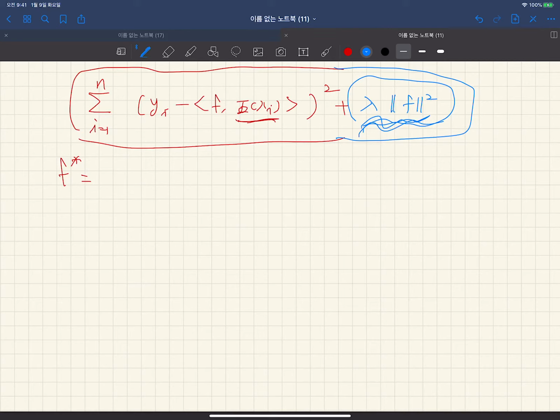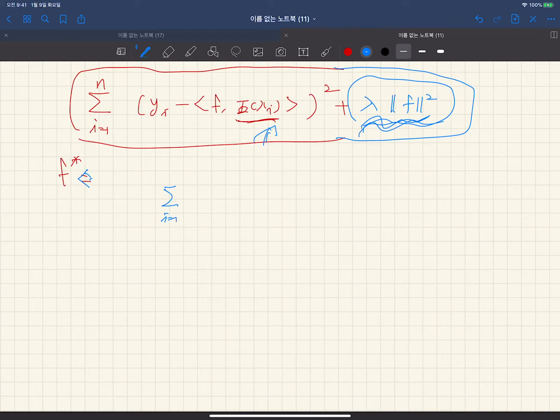Anyway, using this, how can we compute f star? Because this is a convex optimization problem, we just need to find the f star that has zero gradient value. So f star is the point where we have zero gradient, and what is the gradient?